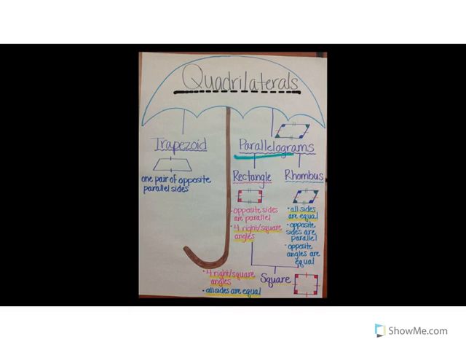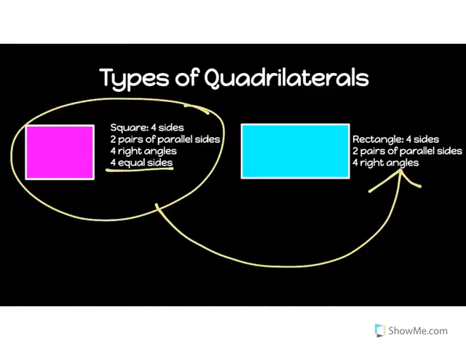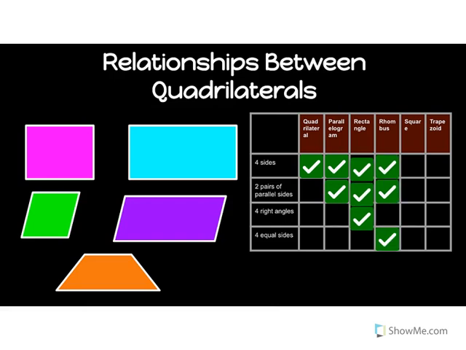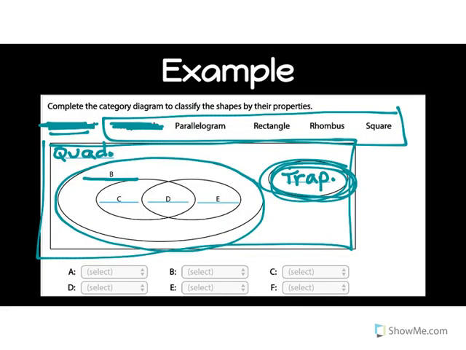Parallelograms describe rectangles, rhombuses, and squares. Do you think parallelograms might work for that one? Let's take a look. Okay, yes. So B would have to be a parallelogram. Okay? That leaves you with 3 more. The trick is this one.